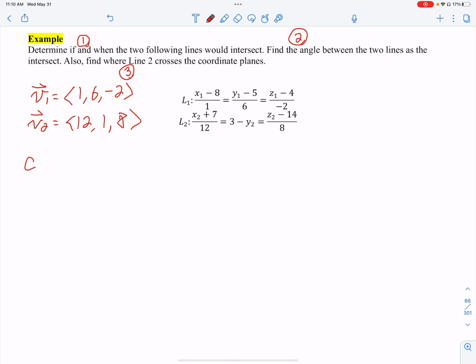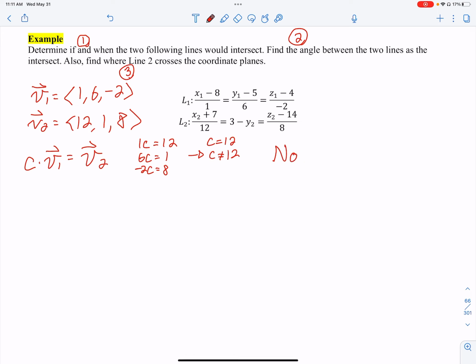If I want to check parallel, there's a C times V1 that equals V2. So I'm going to go ahead and set this up. That's 1C equals 12, 6C equals 1, and negative 2C equals 8. Well, C equals 12 here, but C does not equal 12 there. Okay, so not parallel.